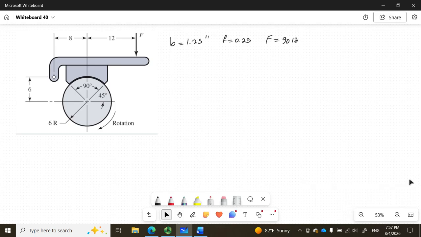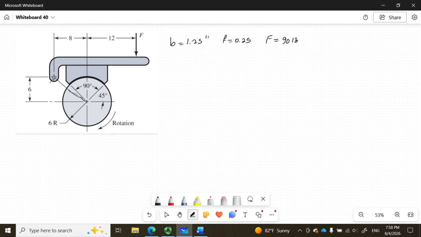Let's see what's going on. So we need to find the distance between the center of the disc or the cylinder and the pivot point. So this distance from here to here is called A. So if I connect this, try to have a straight line, that distance is A.